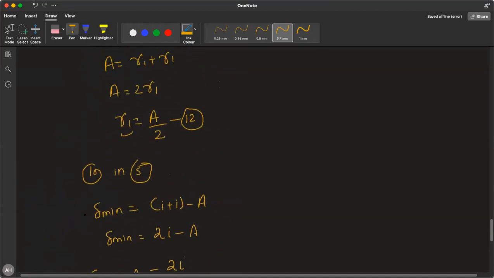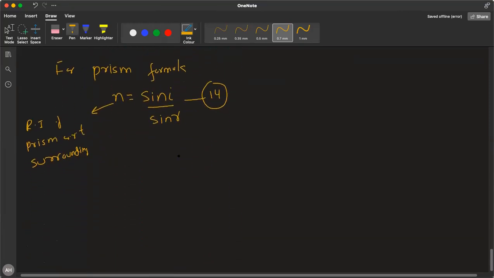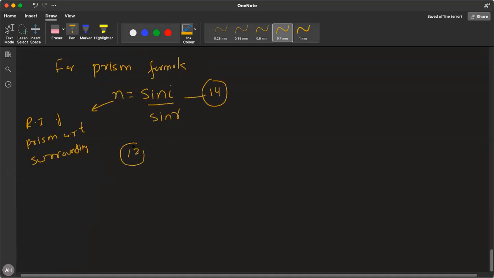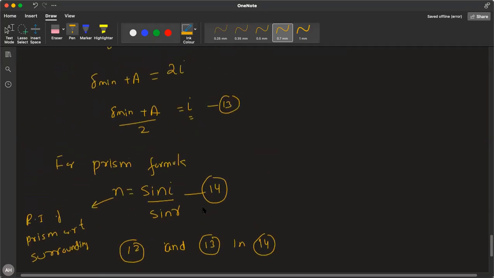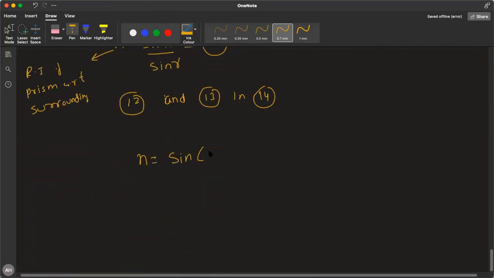When you substitute all values here, if you substitute 12 and 13 in 14, it's sin I, which is delta minimum plus A by 2, divided by sin R, or it's R1.